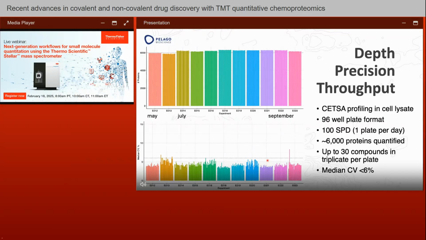So we can achieve extremely nice reproducibility from plate to plate, from month to month, running samples at 100 samples per day, which translates into 1 to 96 plates per day, quantifying more than 6,000 proteins and able to profile up to 30 compounds in triplicates per plate with good proteome coverage and great quantification precision.